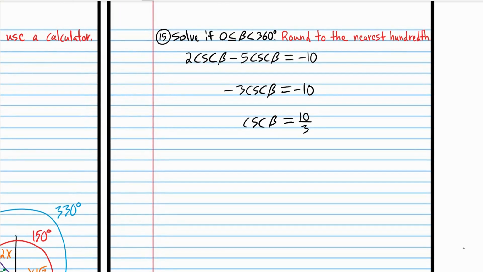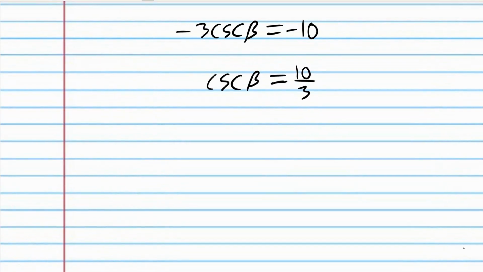And in order to find beta, we have to use a calculator because this is not a recognizable ratio. The problem is we don't have a cosecant inverse button in our calculators, so we're stuck. We can't do anything. But remember, cosecant beta is the same thing as 1 over sine beta.